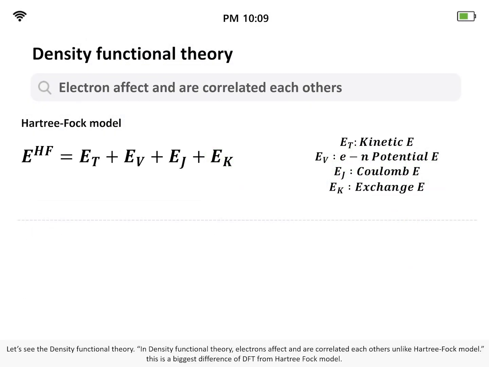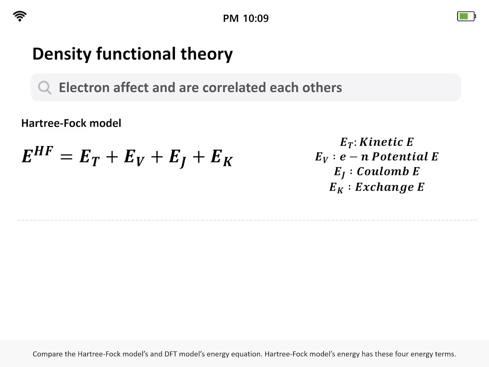Let's see the density functional theory. In density functional theory, electrons affect and are correlated each other unlike Hartree-Fock model. This is the biggest difference of DFT from Hartree-Fock model. Compare the Hartree-Fock models and DFT models energy equation.